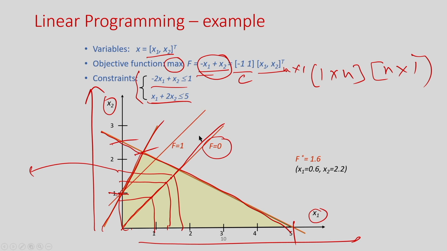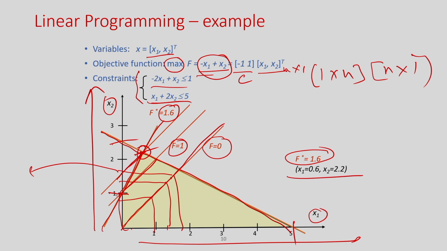Similarly, if you take the values in this range, your f equals 1, but the maximum value you will get is 1.6, and you can see that even for that there are many possible values for x1 and x2. For this particular value, x1 equals 0.06 and x2 equals 2.2.